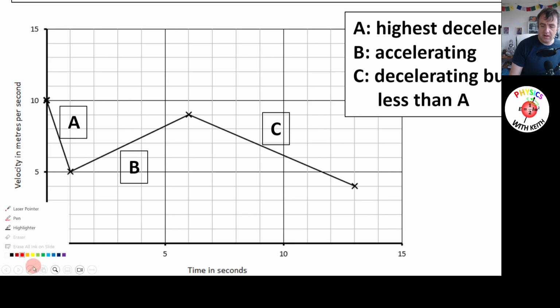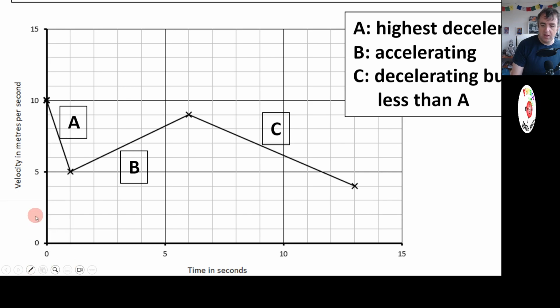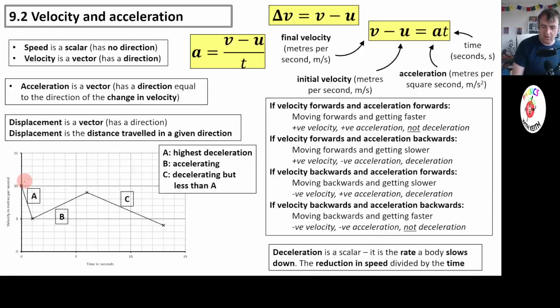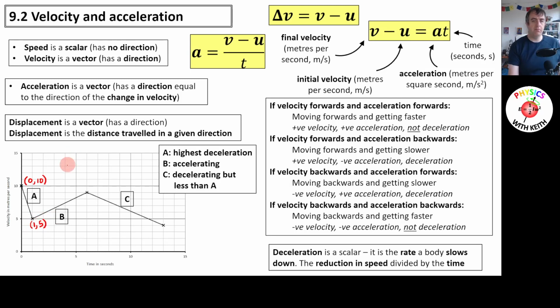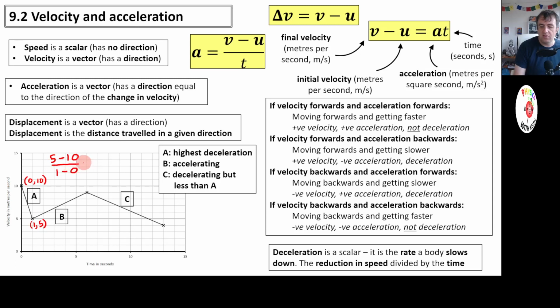So if I got out my gradient calculation, this point over here has the values 0, 10. This point down here has the values 1, 5. Difference in the y-axis is the final value, subtract the initial value. Difference in the x-axis is the final value, subtract the initial value.